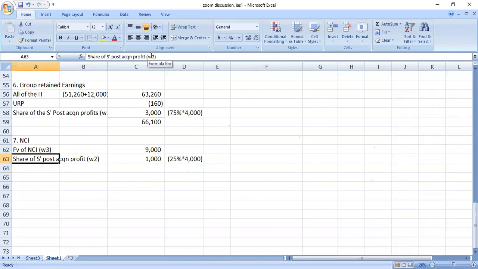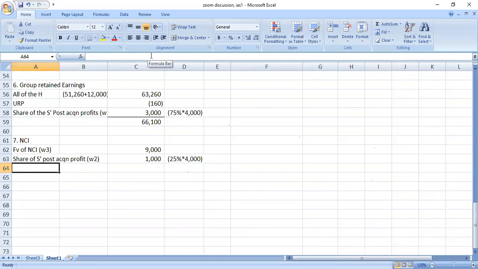Then what else would affect the NCI is if the subsidiary is the one that had goods left unsold with the parent, then the unrealized profit would come here. Although not entirely, it only brings its portion, which is about 25%. The remainder would still go to the parent.